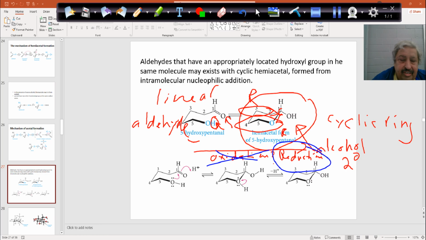This is a reduction. Some compounds, not that many, but some aldehydes, tend to have internal rearrangement, and they reduce themselves by themselves. So they can reduce themselves by themselves, with no intervention from outside.